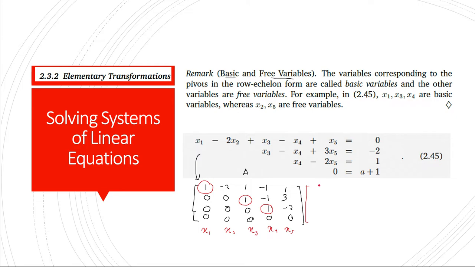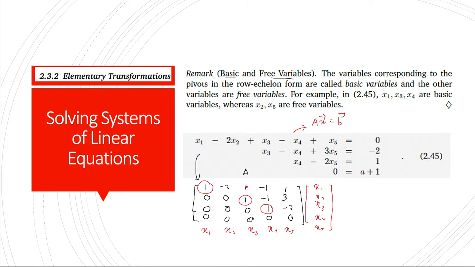Because if we have our x1, x2, x3, x4, x5 here, remember this matrix is actually in this form. So when we do the multiplication, the first column will be multiplied with x1. The second column will be multiplied with x2.